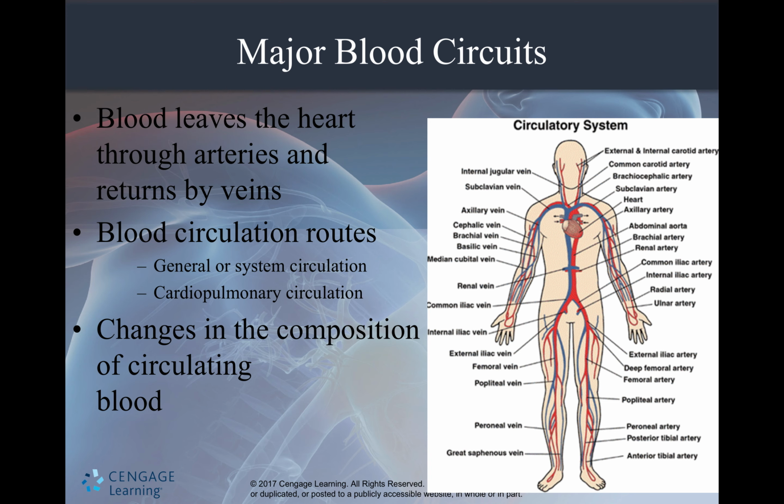So if you look at this diagram, it shows you that blood travels from the heart by way of arteries. Those are outlined in red here. And then it returns back to the heart from the tissues by way of veins, which are denoted in blue here. We have different circulatory systems within our body. We have one great big one. Then we have little closed circuits, like cardiopulmonary circulation.